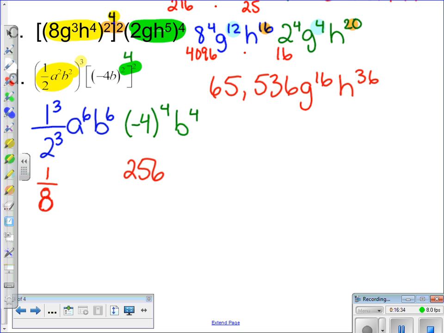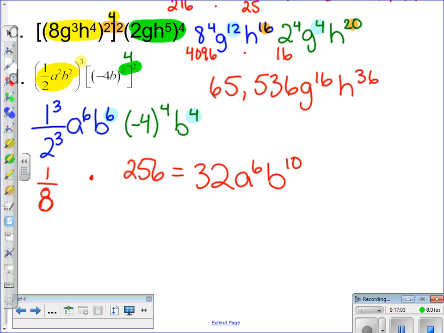And then 1/8 times 256 is 32. And then A to the 6th, and then B, 6 plus 4 makes 10. And that's the final answer.